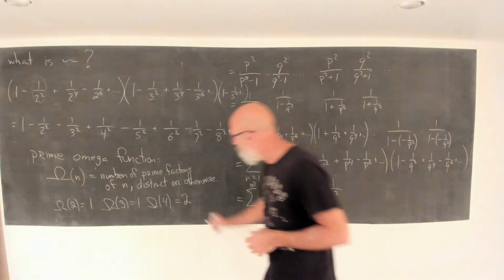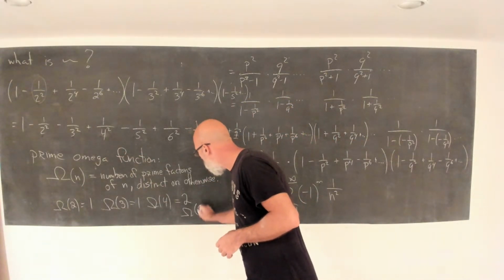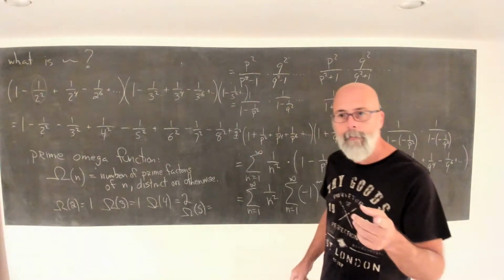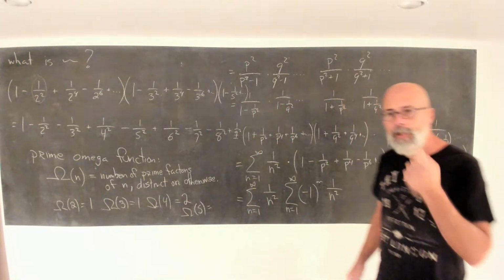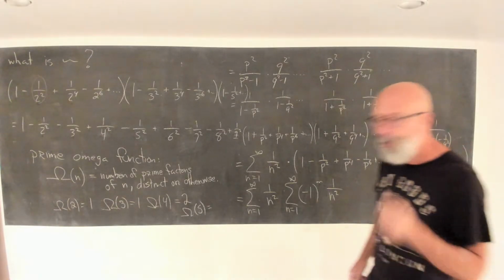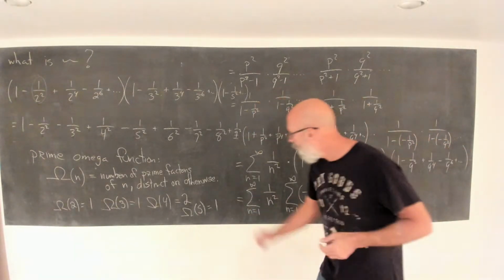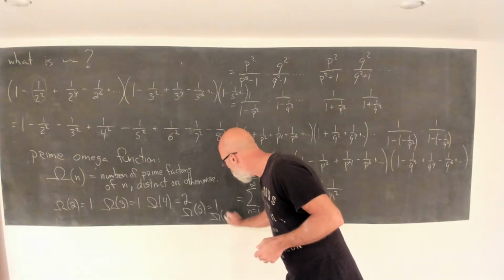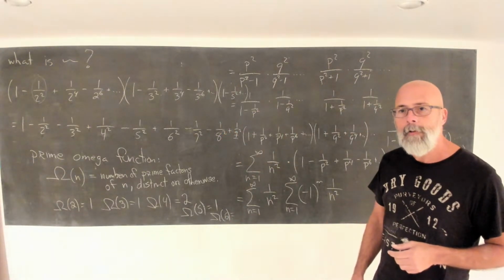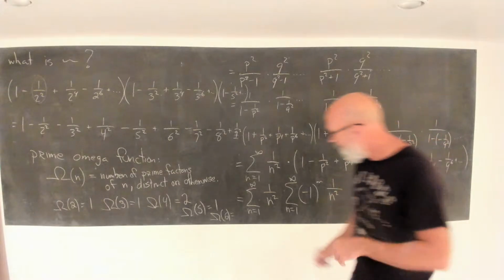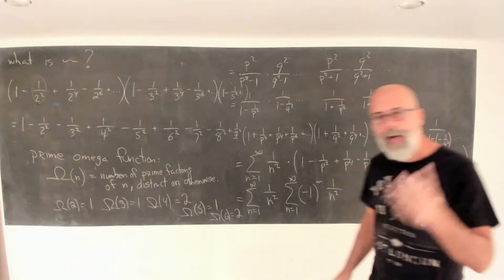Omega of 5, you tell me. How many prime factors does 5 have? Just the one. What about omega of 6? How many prime factors does 6 have? It has 2 prime factors, 2 and 3.